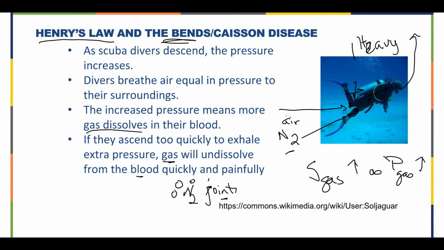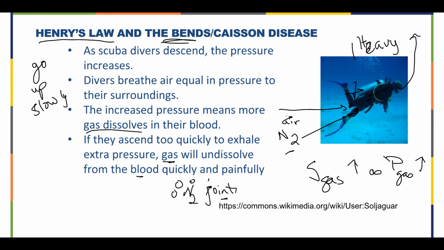How do we fix this? We fix this two ways. One, we go up slowly. If we rise slowly as we scuba dive and we breathe carefully, we breathe the excess nitrogen off and it ceases to be a problem.